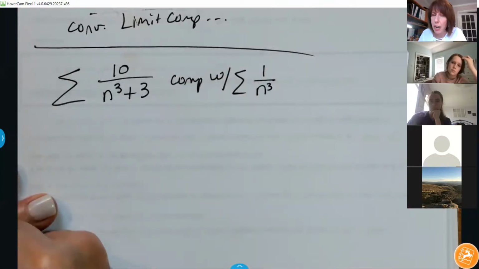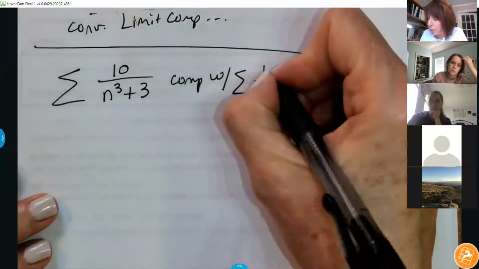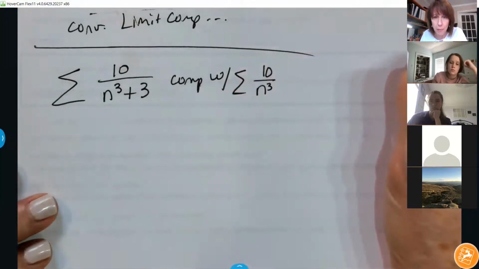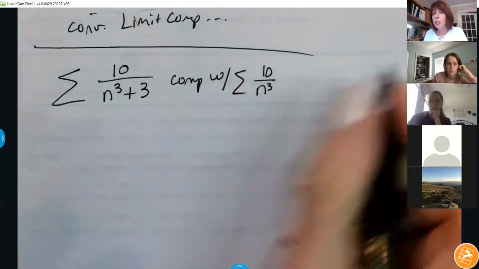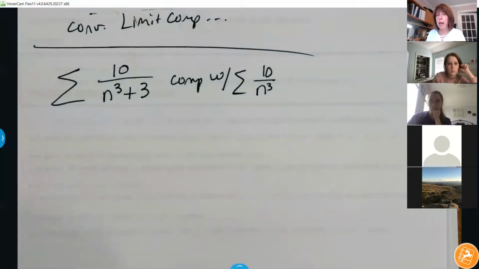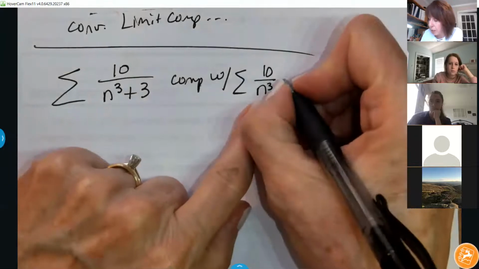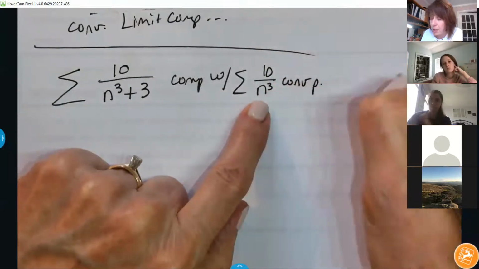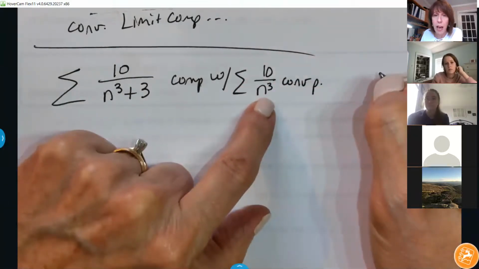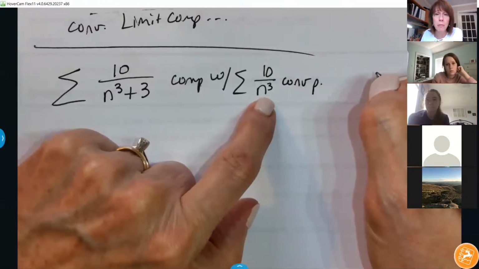But if I'm doing the direct comparison test, I would probably keep the 10 on top, okay? I know that that's going to help make where I'm only looking at the denominators. This is still a converging P series. The 10 doesn't change the fact that this is a converging P series, okay?